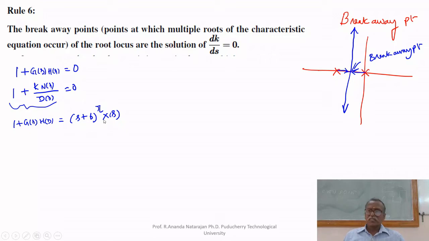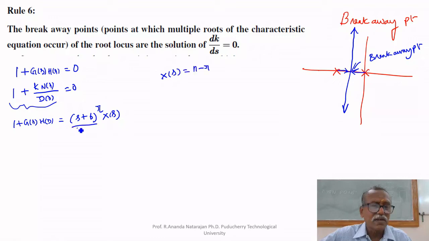Suppose it is of nth degree, then the degree of X of s is n minus r, because r we have taken separately. It has repeated roots. What is the breakaway point? It has two roots at the same point. Breakaway point means repeated roots.